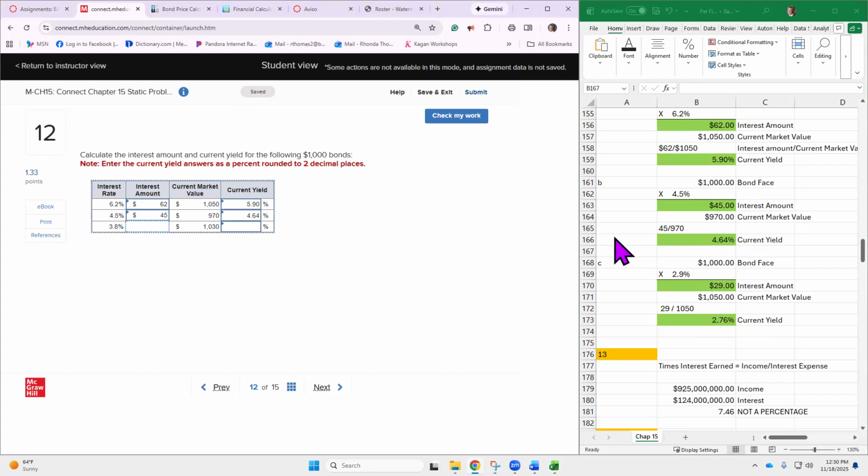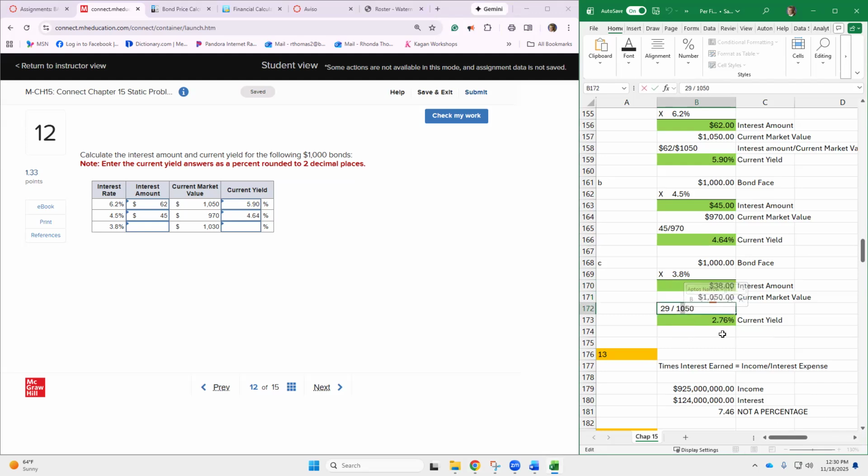Okay. Then this one is 3.8%. And that makes it $38 interest. And then the current market value is $1,030.